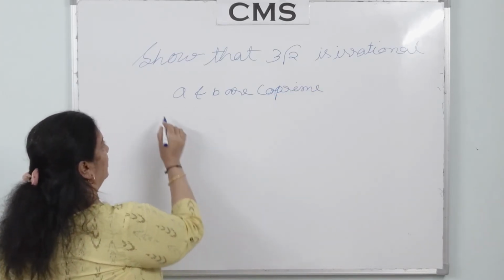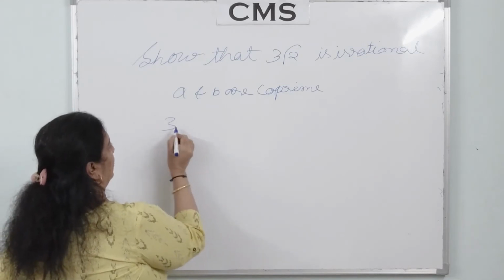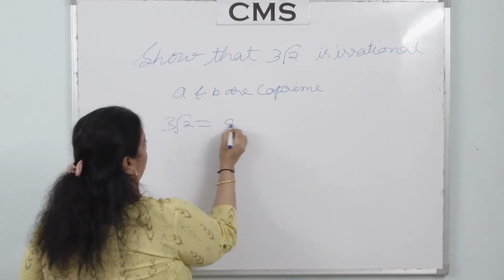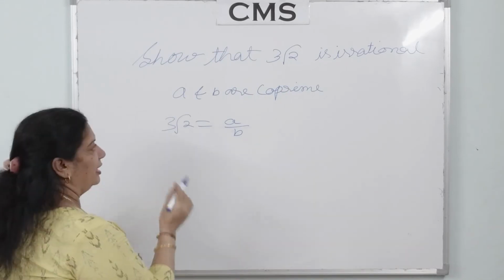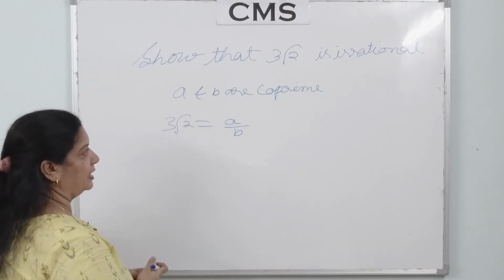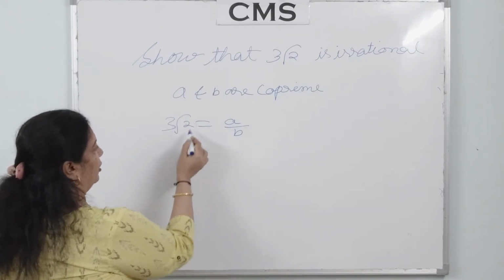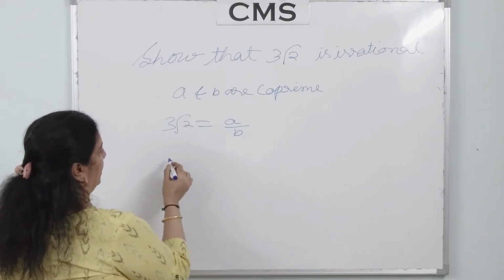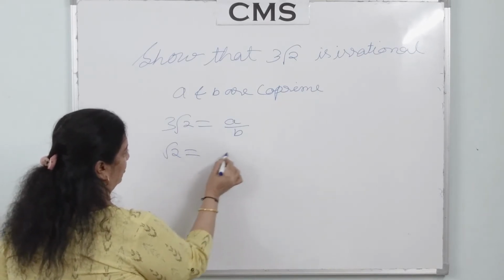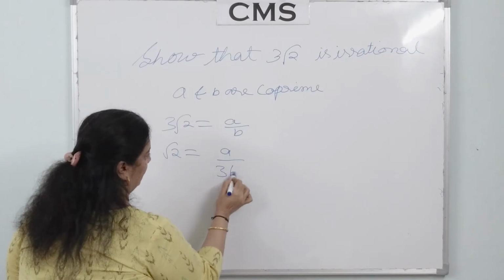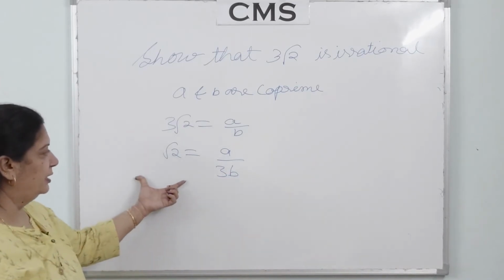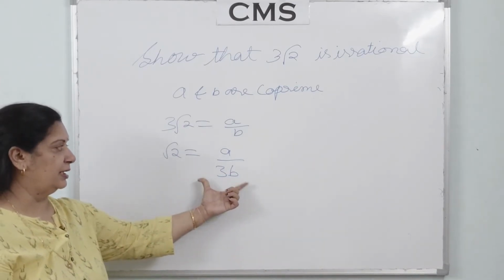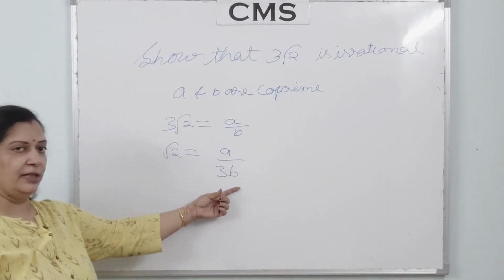So according to this, 3 root 2 equals a upon b. As we assume that 3 root 2 is a rational number, we write 3 root 2 equals a upon b, and root 2 equals a upon 3b. According to this, root 2 is a rational number because a upon 3b is a rational number.